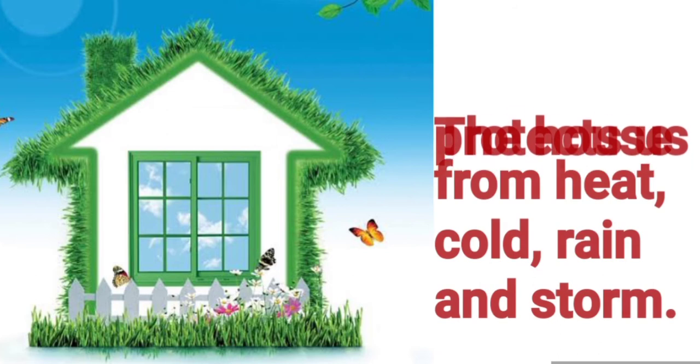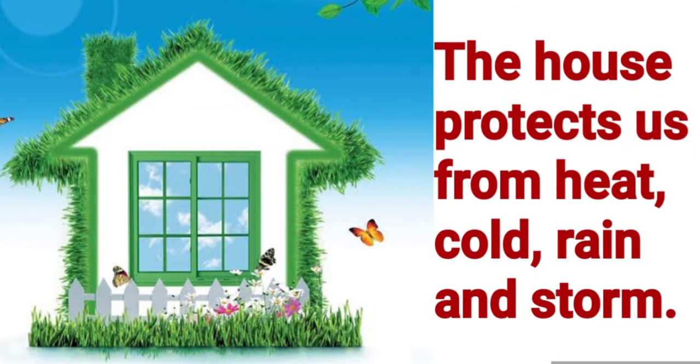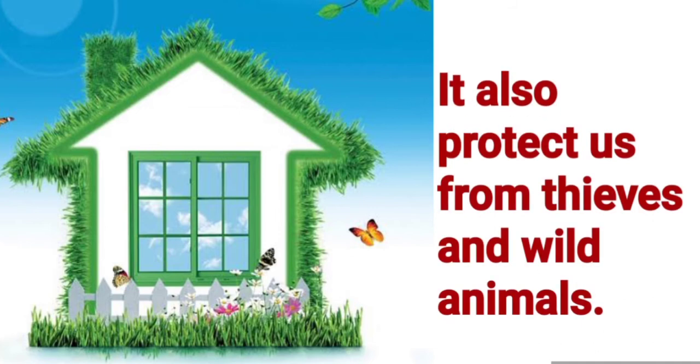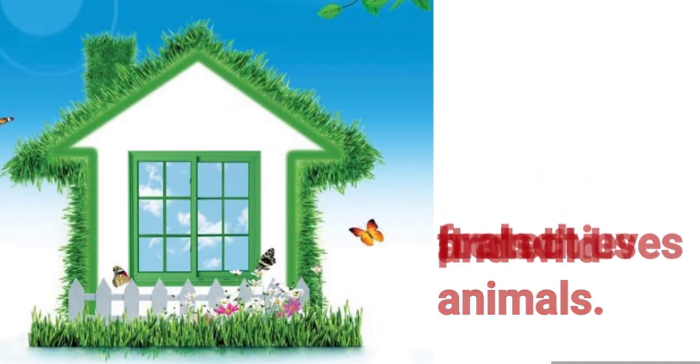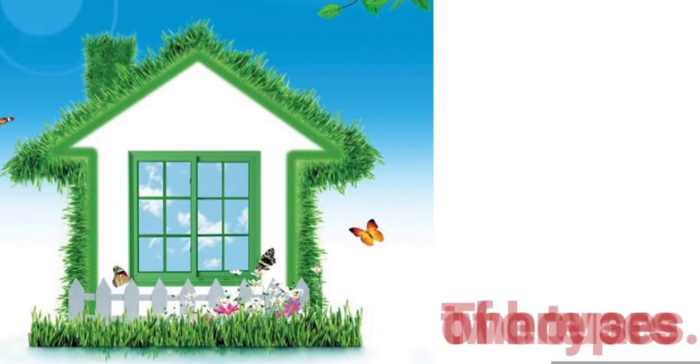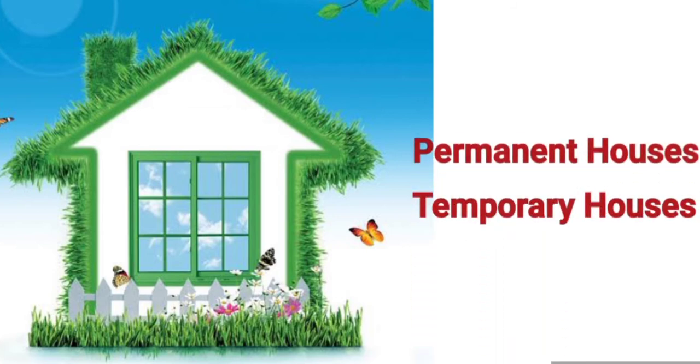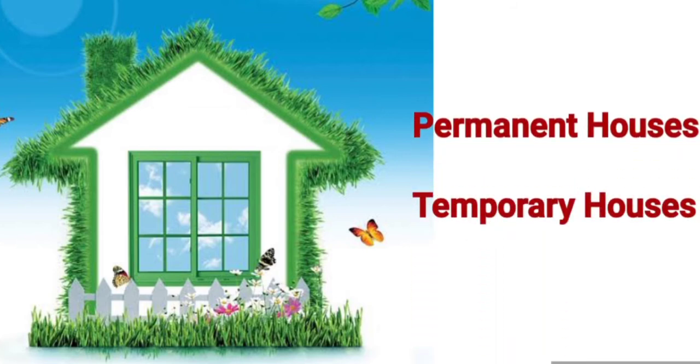The house protects us from heat, cold, rain and storm. It also protects us from thieves and wild animals. There are two types of houses: permanent houses and temporary houses.